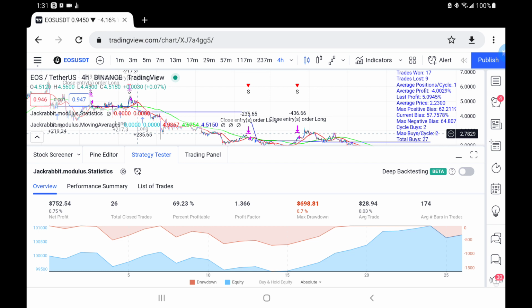Realistically, the higher the time frame, the more balance you're going to need to make it profitable. It doesn't make sense to spend half a year waiting for $30 or $40 of profit. You're going to want to look at the bigger picture with the consequences of risk versus reward.